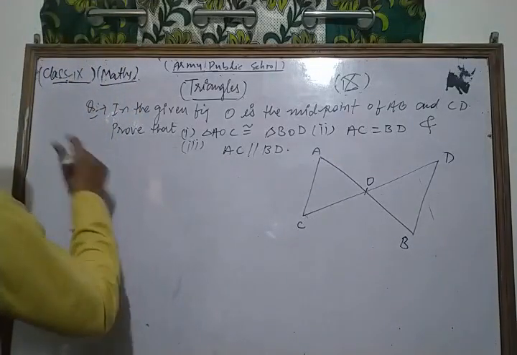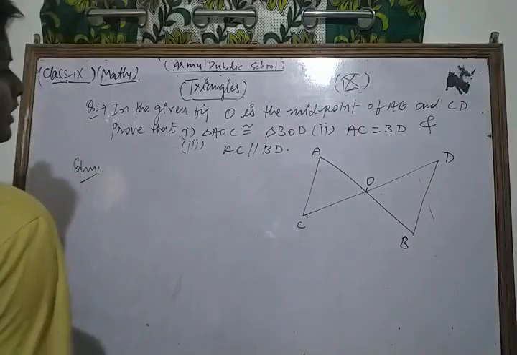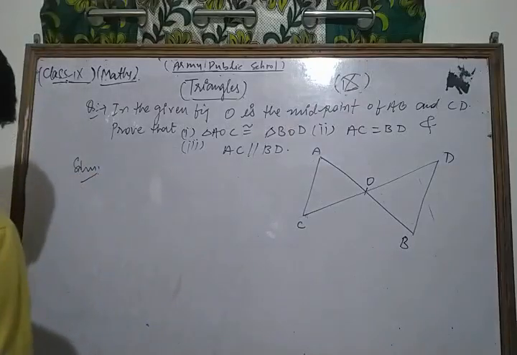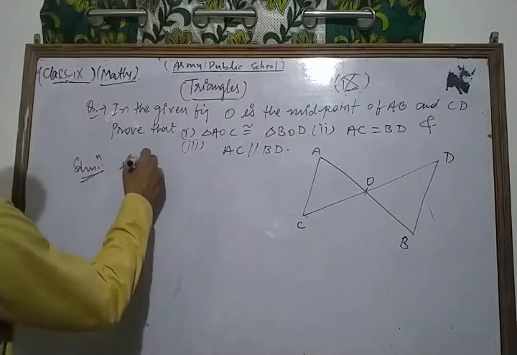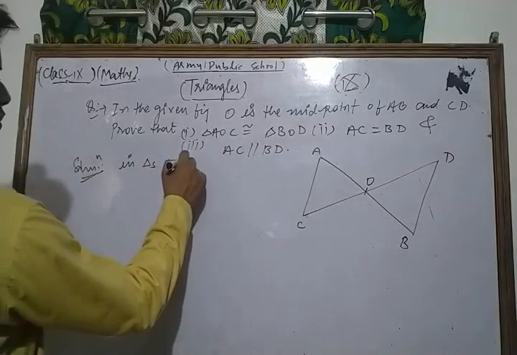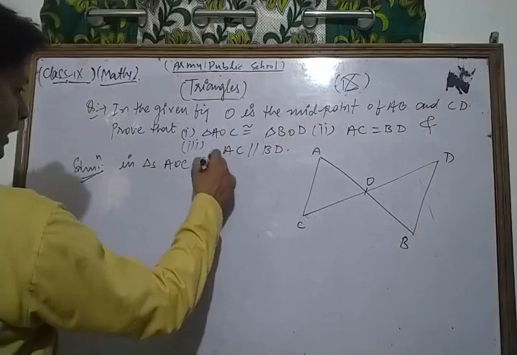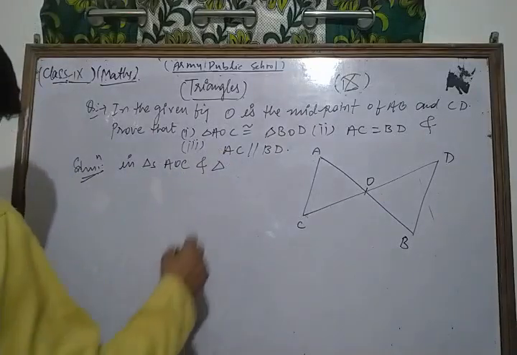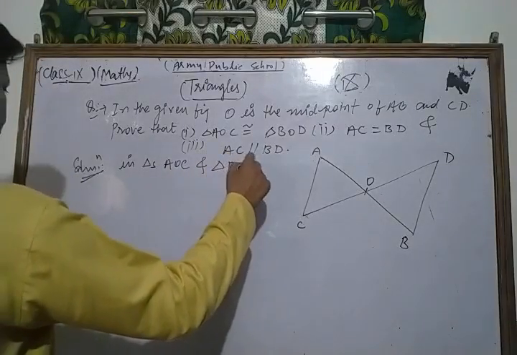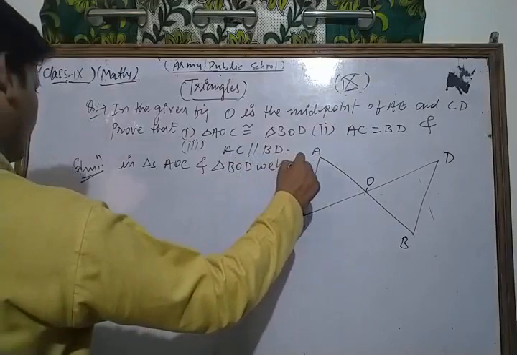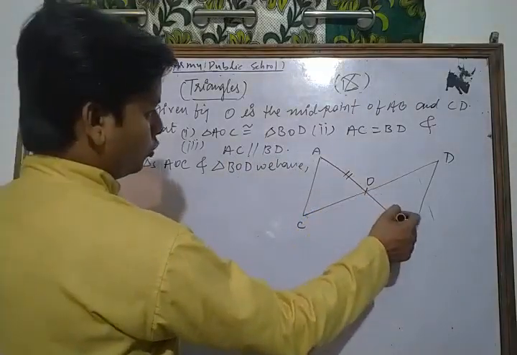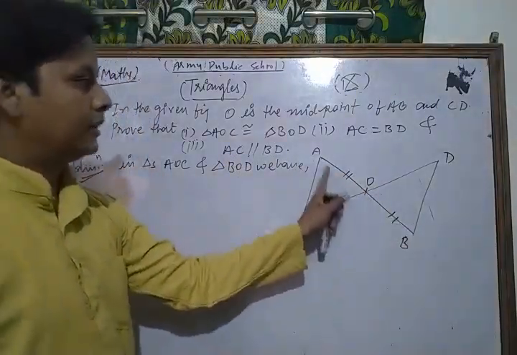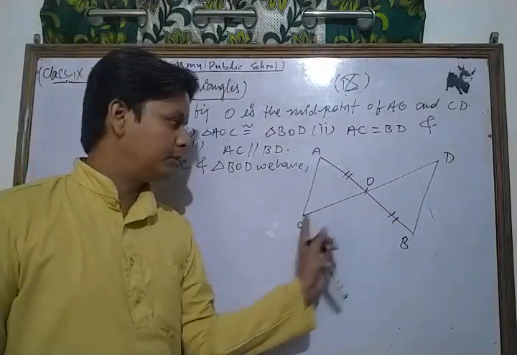First of all, in triangle AOC and triangle BOD, we have what? Let's see. Dear students, AO is equal to OB, because O is the midpoint of AB, as well as O is the midpoint of CD.